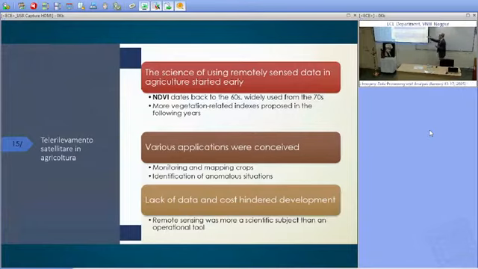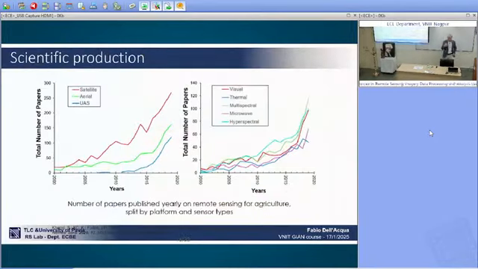For this reason. Because we are now at a point where we have the applications conceived and described and the science behind them, and we have data coming up with prices that are accessible. Okay, so now we can start working on remote sensing in agricultural context.